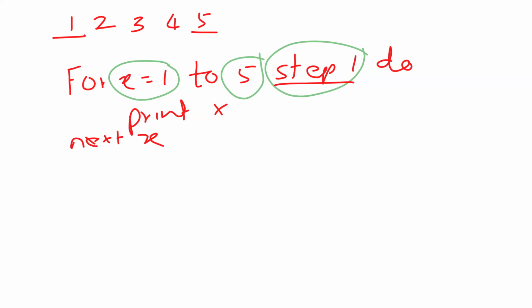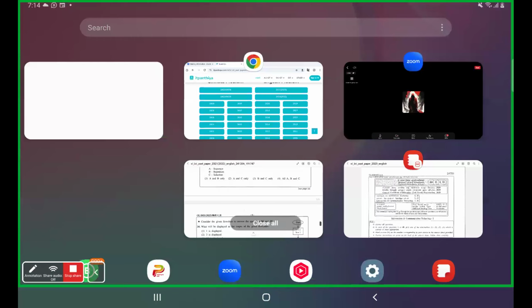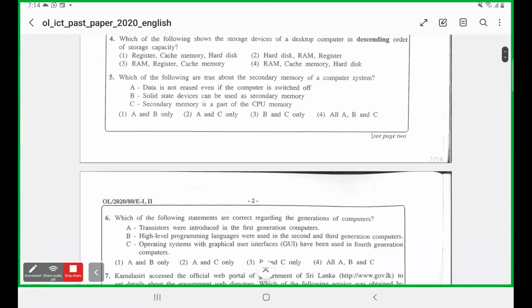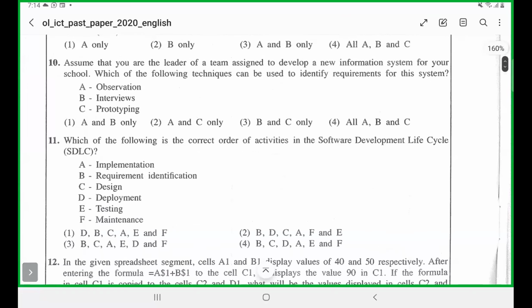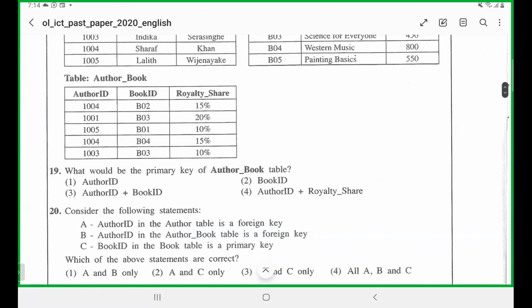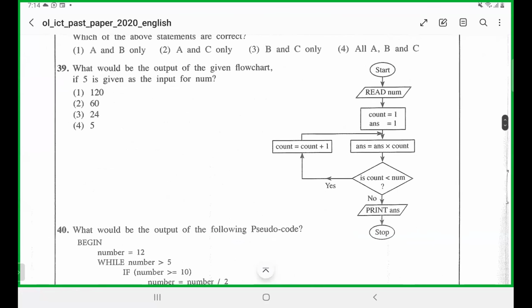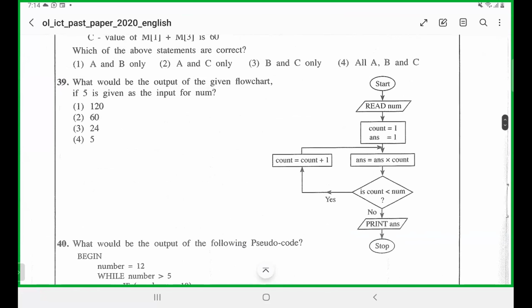Okay. Shall we go for the paper? Yes, paper question. There is a question, right?